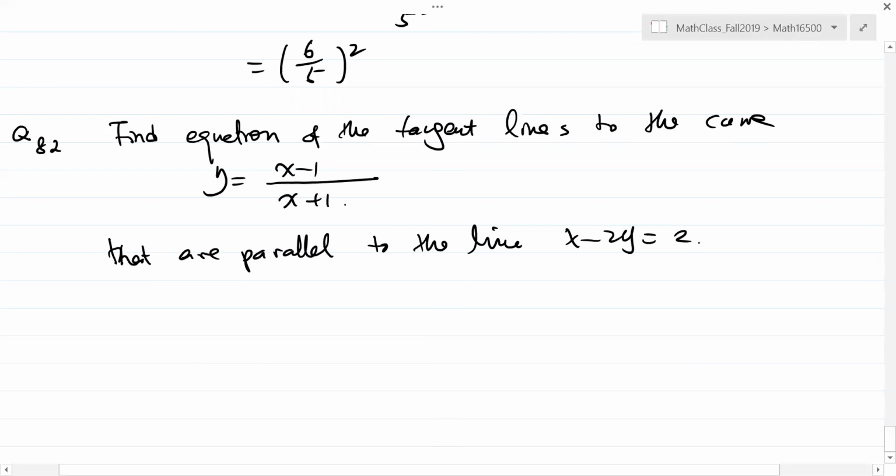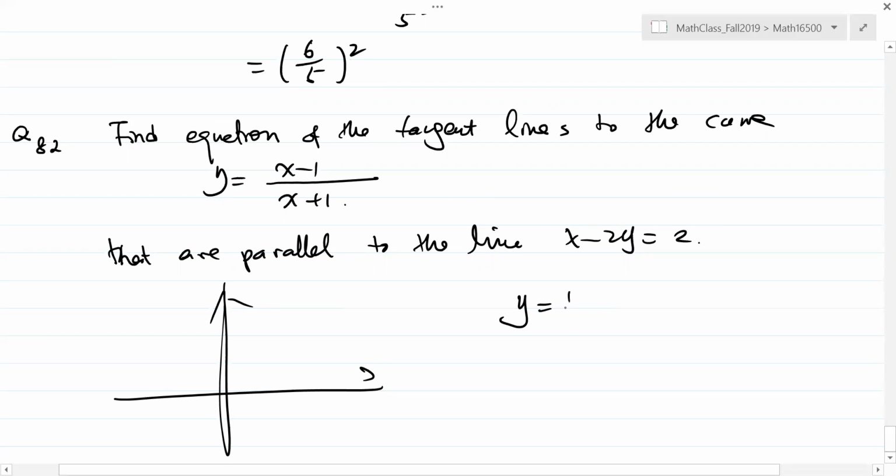Okay, so we're trying to understand the problem. So what is the line equation, right? y equals 1/2 of x plus 1 minus 1, right? So those two are equivalent.